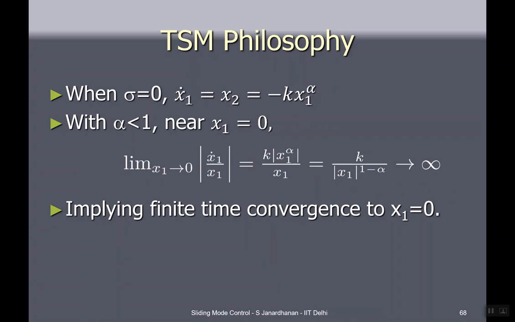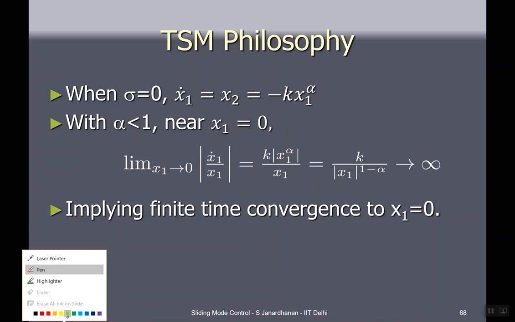But if you believe me, if you use this sliding surface, you will have x1 equal to 0 in finite time, and when x1 stays at 0, x2, which is x1 dot, is also 0, and so the origin is reached in a finite amount of time after the sliding mode starts.